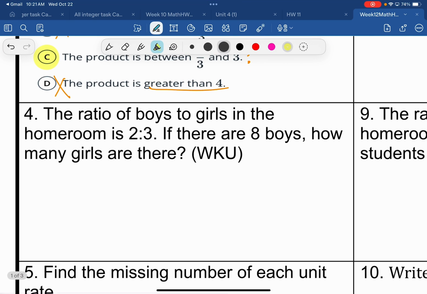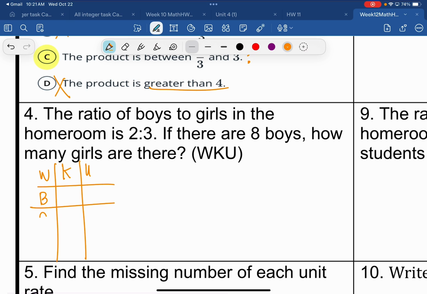Number 4, the ratio of boys to girls in the homeroom is 2 to 3. If there are 8 boys, how many girls are there? Use your WKU. So that is boys to girls, which is 2 to 3. Order matters.